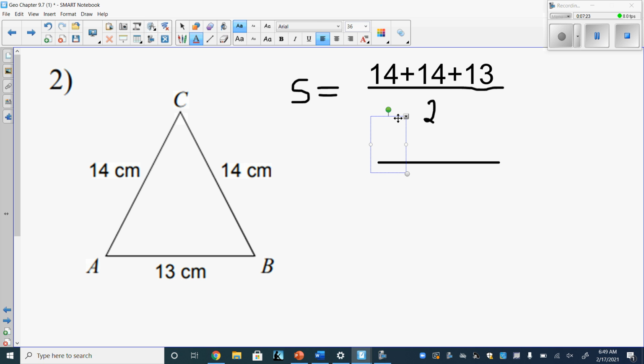When we add those three values together, 14 plus 14 is 28, and 28 plus 13 is 41. And we're going to divide that by 2.